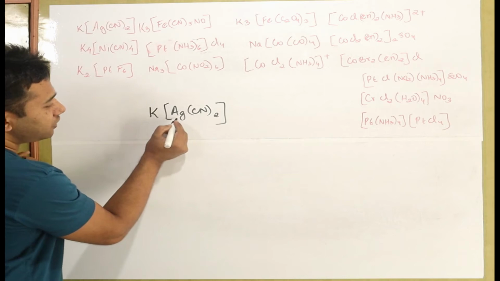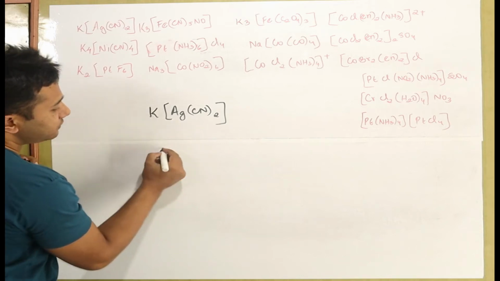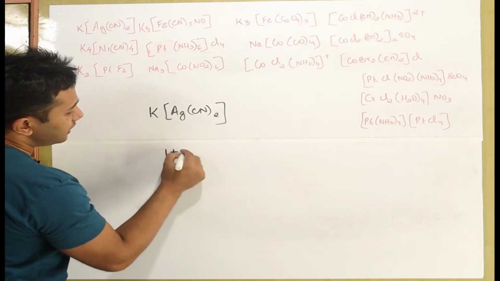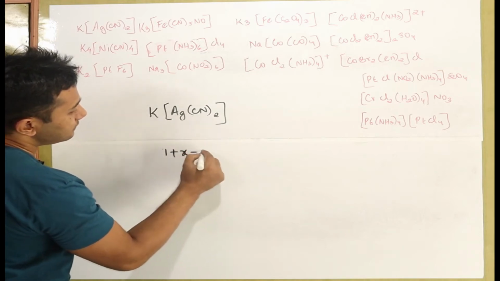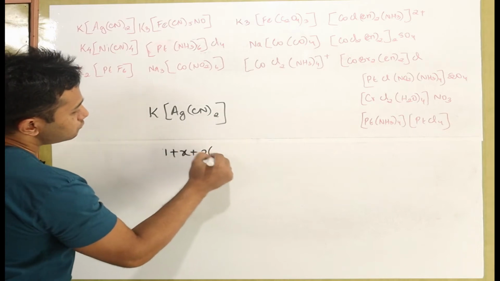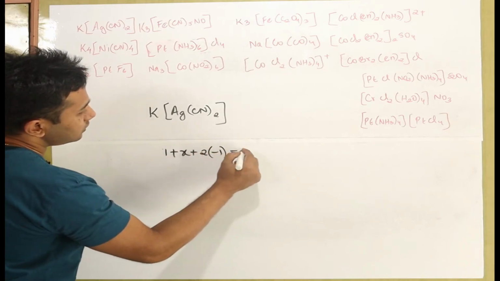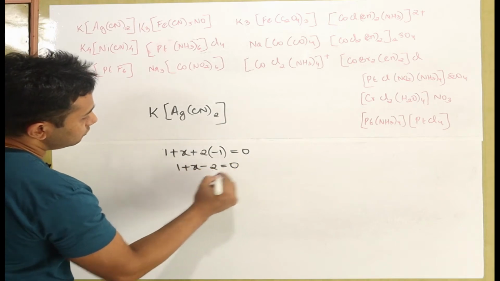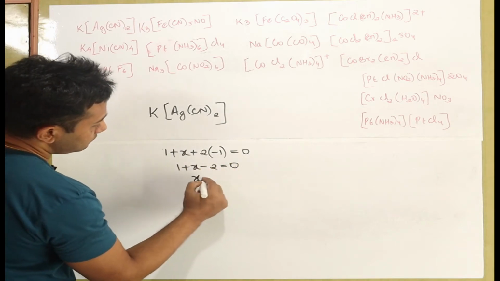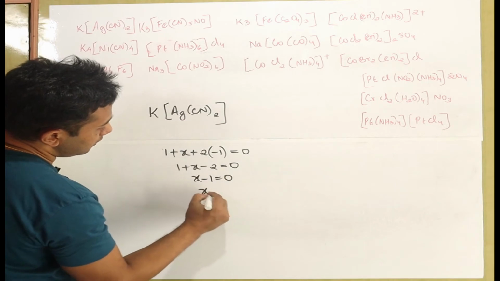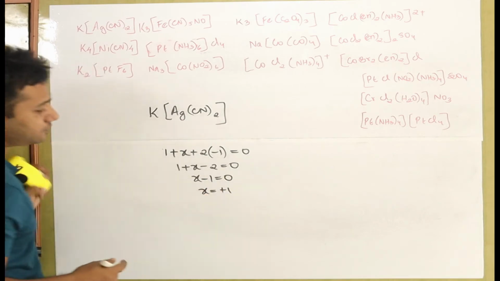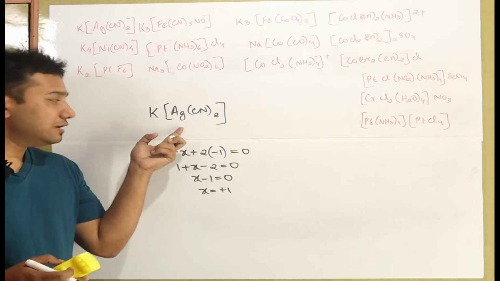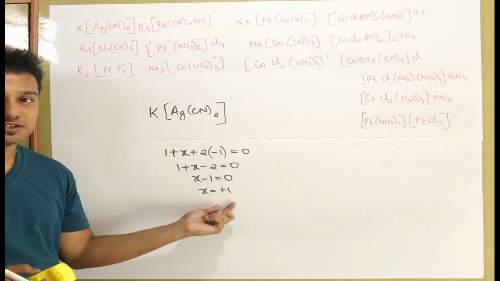The charge of potassium is +1, and Ag we put as X. Since there are two cyanides, 2 into the charge of cyanide, -1, and the total equals 0. So 1 + X - 2 = 0, X - 1 = 0, X is equal to +1. So the oxidation state of Ag is +1.